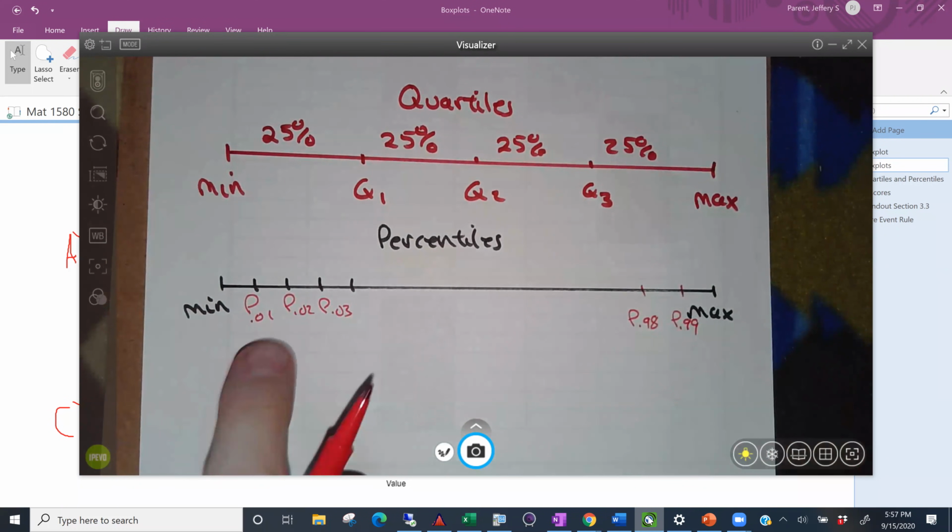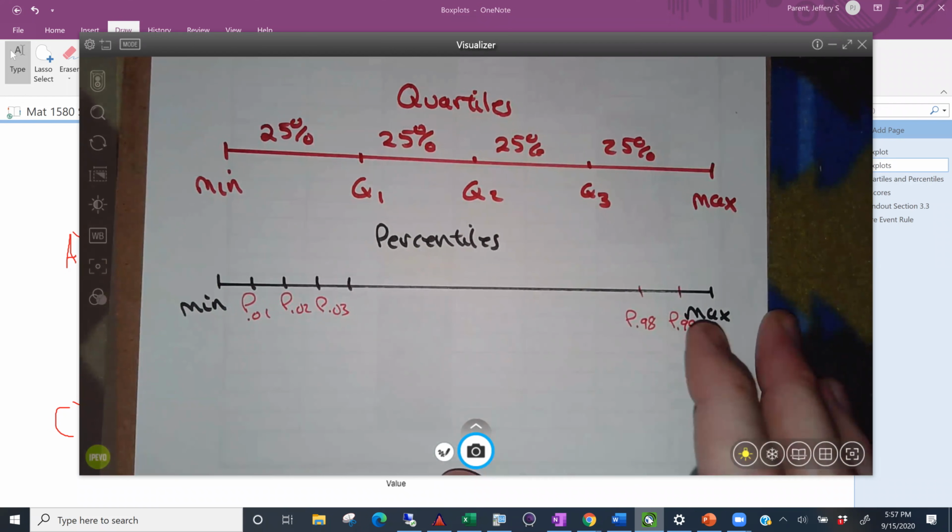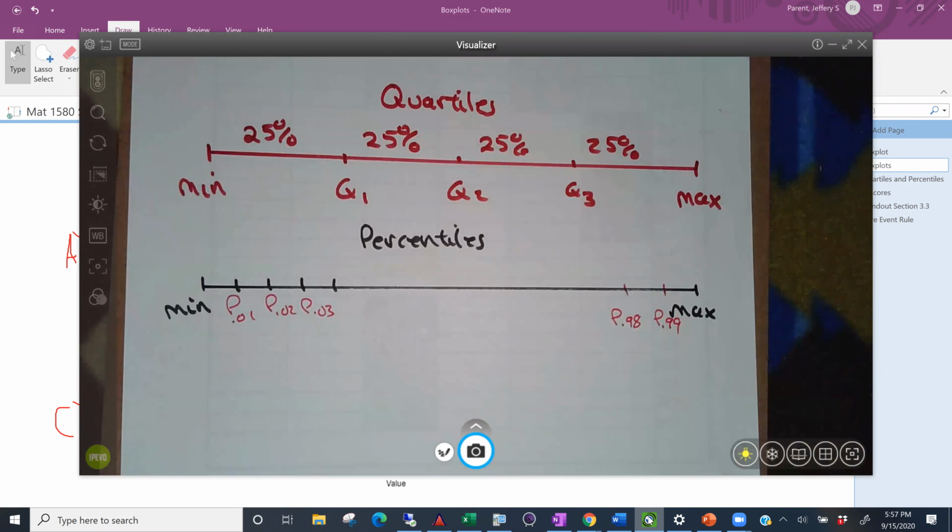So I'm putting in a decimal here, mostly because of stuff that we're going to do later on, and also because of the format of how to find this in Google Sheets. So there's going to be 99 percentiles that break your data up into 100 different chunks.